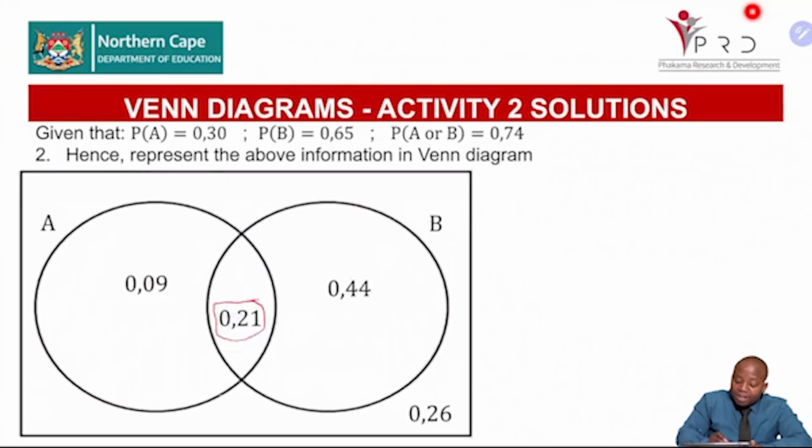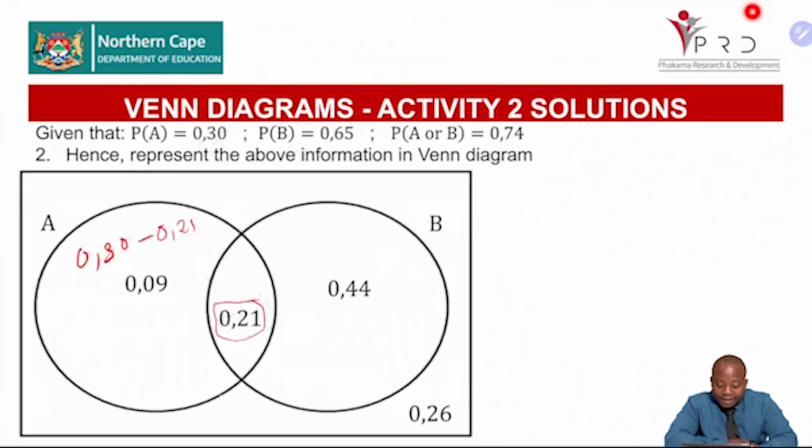Then we know that the probability of A is 0.30, so we say 0.30 minus the intersection, 0.21, and we get 0.09. The same applies to B. For B, we say 0.65 minus 0.21 again, then we get our value as 0.44.